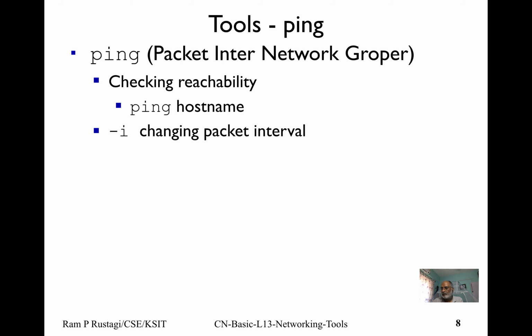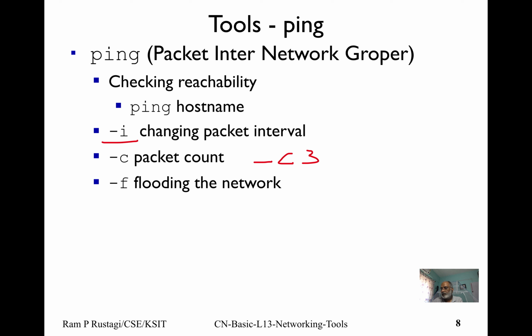If you want to change the interval, use the option -i. On Ubuntu, by default it keeps sending infinite packets till you abort. If you want to limit the packet count, let's say I want to send only 3 packets, then I can use the option -c3. On Windows, if you want to send a fixed number of packets, the option is -n.